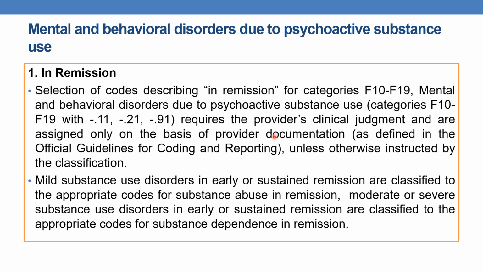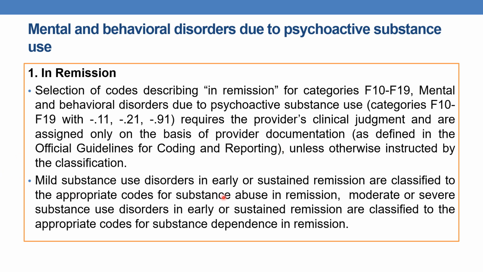requires the provider's clinical judgment and is assigned only on the basis of provider documentation. So, the provider must clearly document in remission. Then only you need to code in remission codes, because there are specific codes for in remission and there should be a clear documentation by the provider.